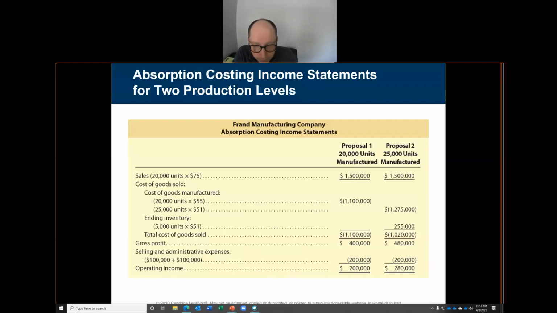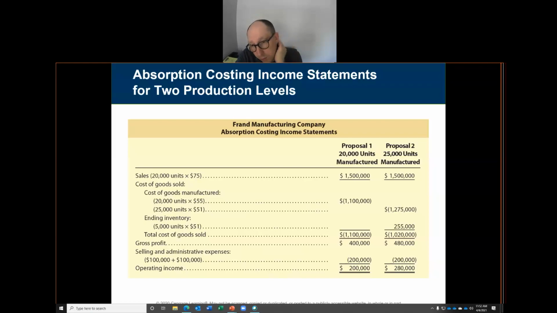Then under proposal 2, I'm going to have ending inventory, because remember, I'm only selling 20,000 units, but I'm making 25,000. So 5,000 units ending inventory at $51 per unit is $255,000. So we take our cost of goods manufactured minus our ending inventory to get total cost of goods sold.